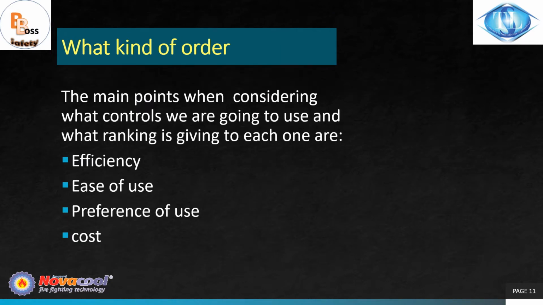Okay, so what kind of ranking or order do we have for these control measures, and what kind of significance should we understand about this ranking?